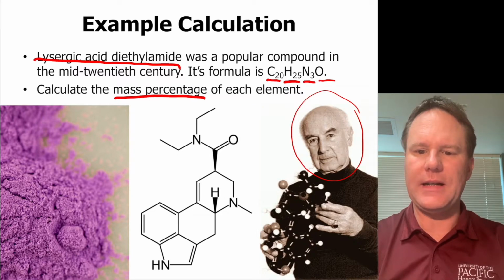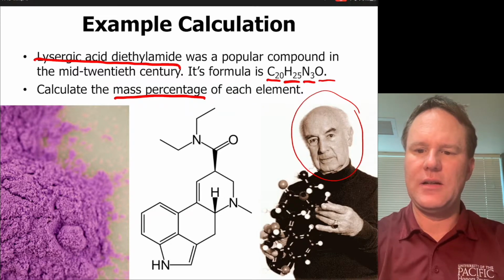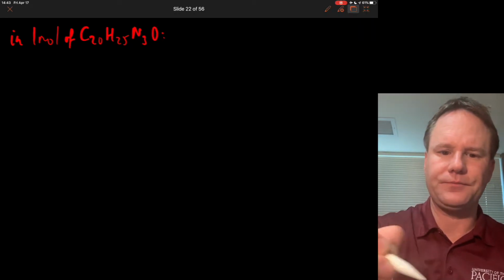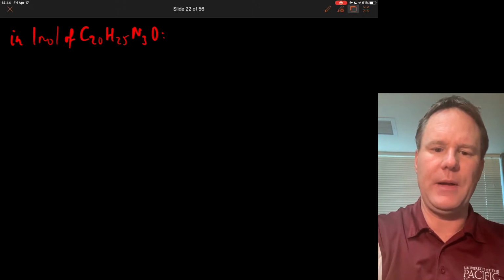So the way to do it, and I just need a fresh green screen for it. In 1 mole of C20H25N3O, how much carbon do we have?